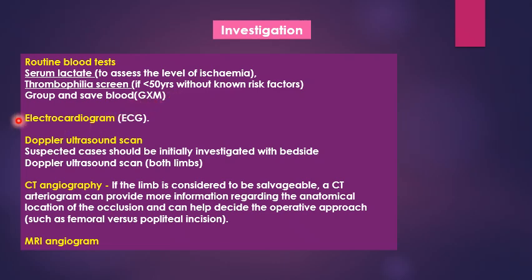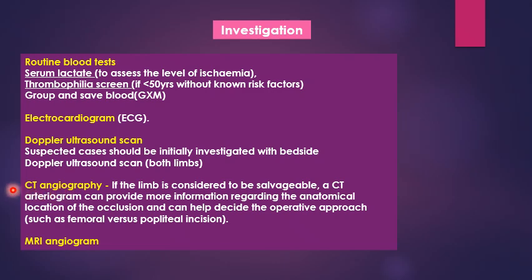Other investigations include workup of the heart, especially ECG or echo. Doppler ultrasound scan is very, very important and must be done immediately. Suspected cases should be initially investigated with bedside Doppler ultrasound scan. Both the limbs you must do.